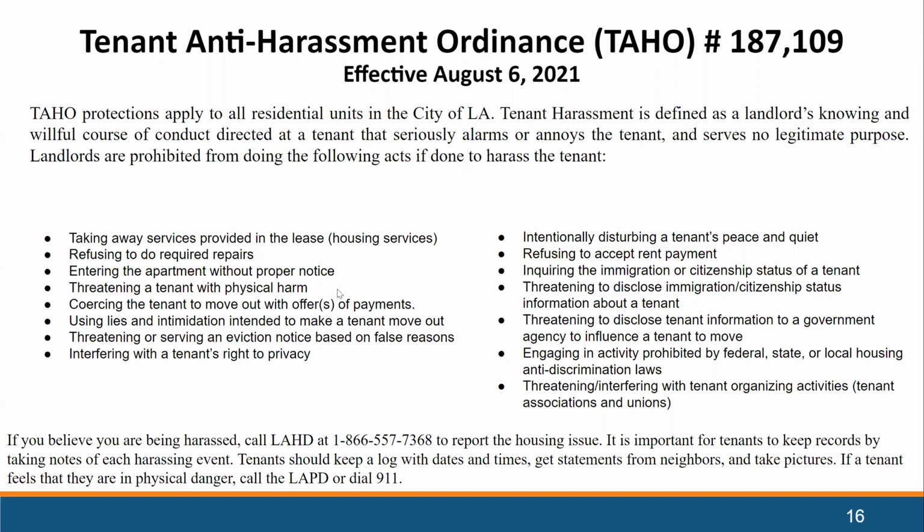It is important that tenants keep records and notes of any event that they believe indicates harassment, with dates and times, and get statements of neighbors. Of course, if a tenant feels like they are in physical danger, then the appropriate department to call is the LAPD, and if it's an emergency, that would be 911.